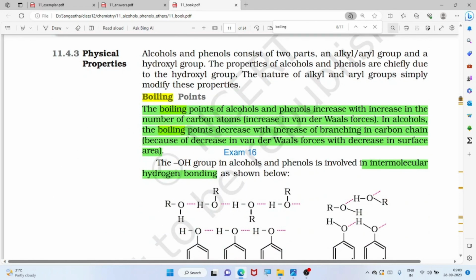The boiling point of alcohols and phenols increases with increase in the number of carbon atoms. In alcohol, the boiling point decreases with increase in branching. More branching will decrease the boiling point. This also depends on the intermolecular hydrogen bonding.